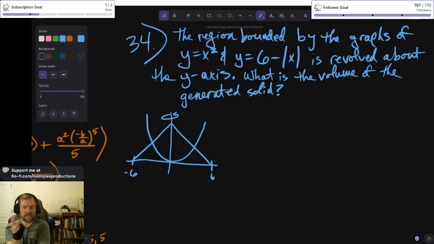Right, revolved about the y-axis. What is the volume of that generated solid?